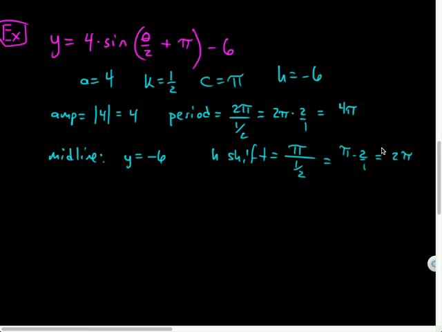And in what direction is that shift? Right. Left. How do you know? Check the example. It's negative, it's less than 0. So the shift is to the left. And then the vertical shift is 6 down, right?